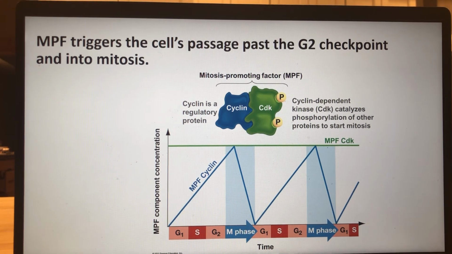Again, I know I've said this a lot, but it is an example of a CDK, okay? But basically, it triggers this passage into mitosis. And this is just a very good picture. It's just showing you CDK and cyclin coming together.